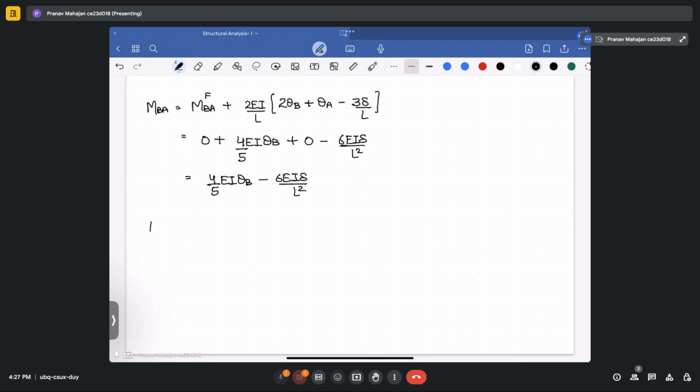Now you have another additional span also, that is BC. Your BC is an overhang structure, but in this case also your MBC fixed will be equal to 0.